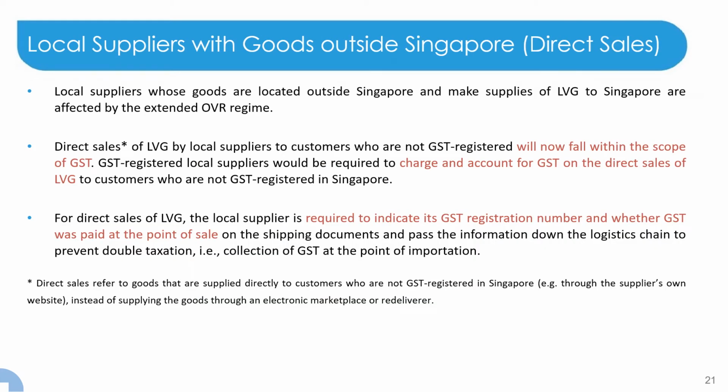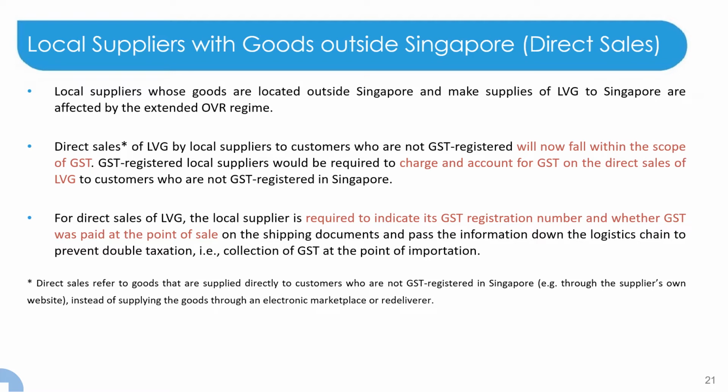Local suppliers whose goods are located outside Singapore and make supplies of LVG to Singapore are affected by the extended OVR regime. Firstly, direct sales refer to goods that are supplied directly to customers who are not GST registered in Singapore, for example, through the supplier's own website, instead of supplying the goods through an electronic marketplace or redeliverer.